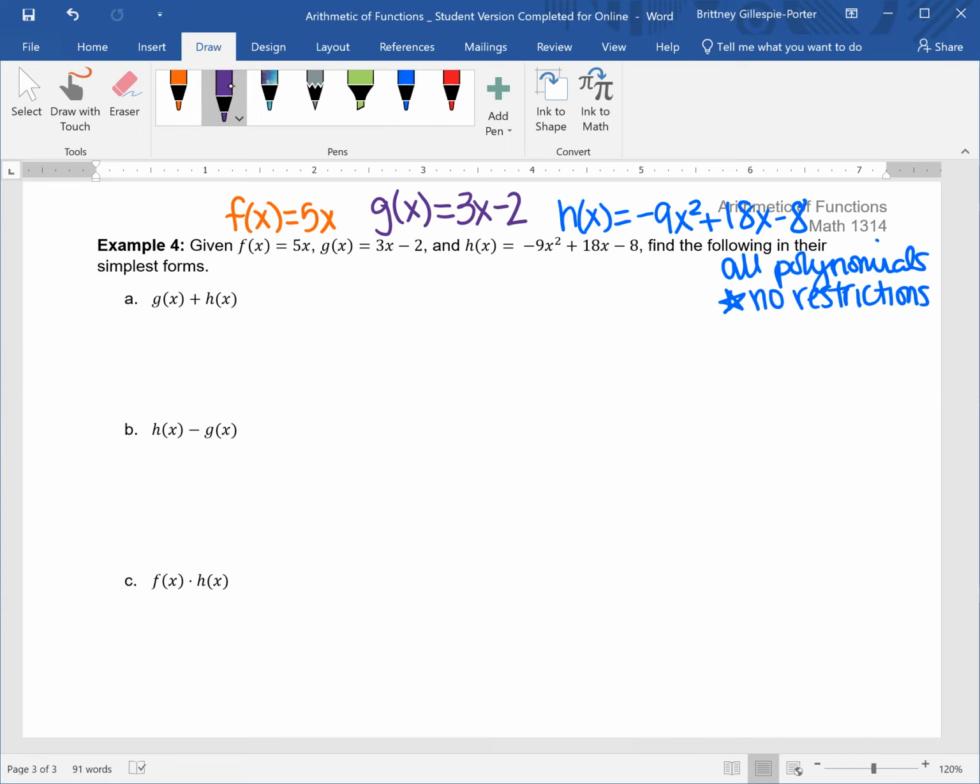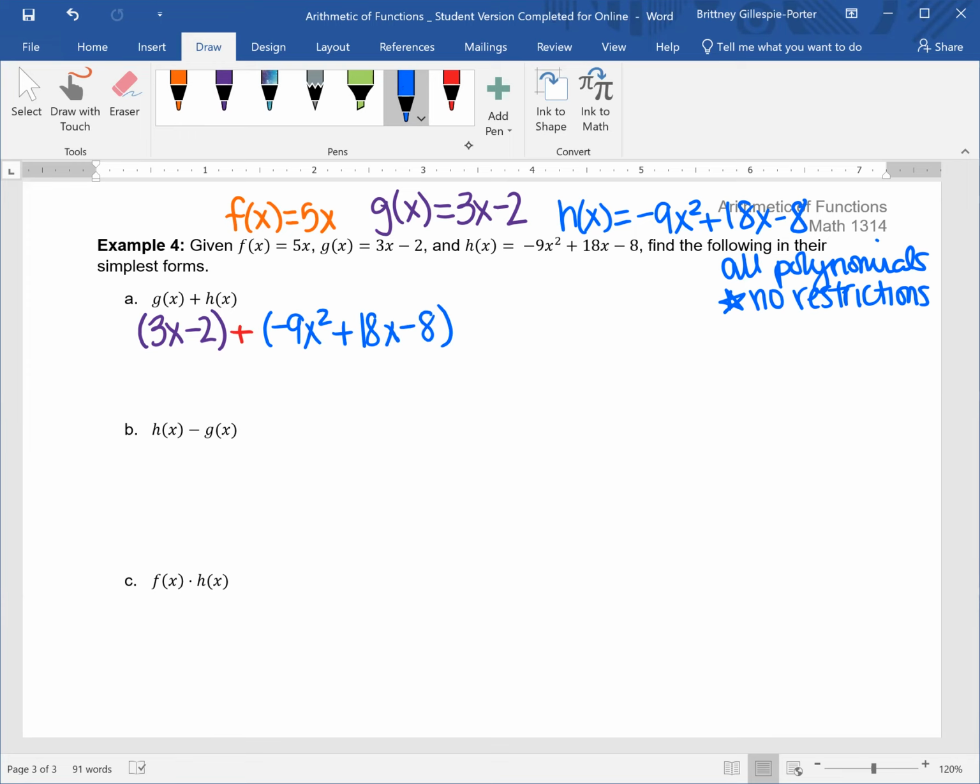We're asked to find g of x plus h of x. I'm going to put parentheses. We have 3x minus 2 plus h of x, which was my 9x squared plus 18x minus 8.